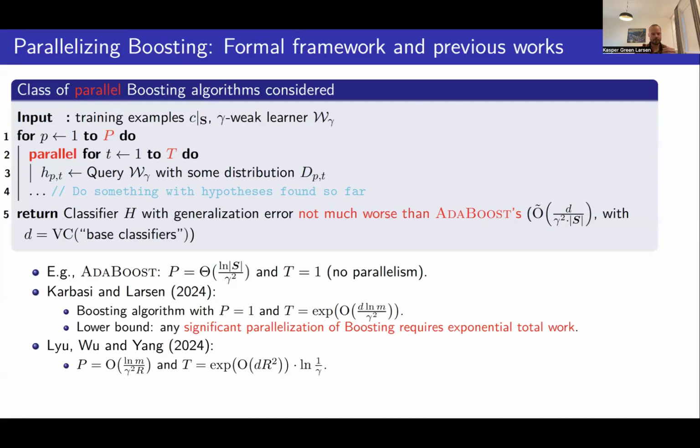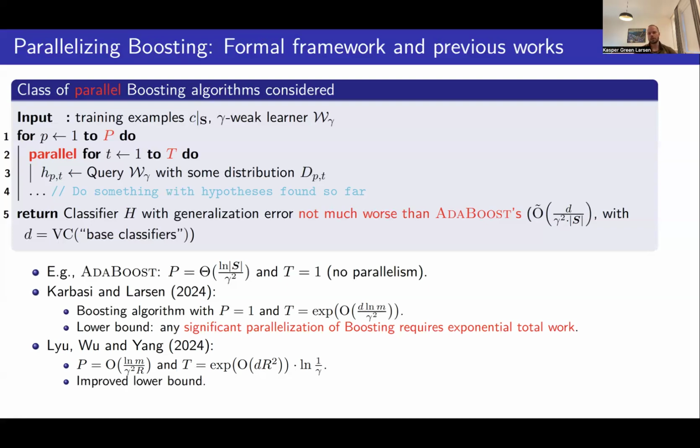So we have this parameter R. If I want to cut down the number of rounds by a factor R, then the number of weak learners that I'm going to train, or the number of classifiers I'm training in every round, grows. You can do it with exponential in d times R squared many parallel trainings of classifiers. So saving a factor R costs you an R squared in the exponent, multiplied with a d.